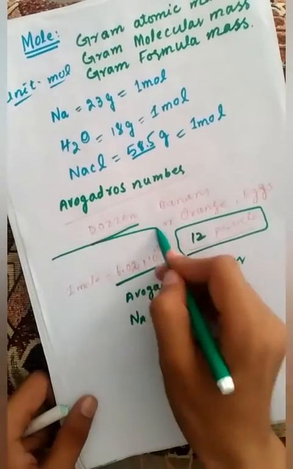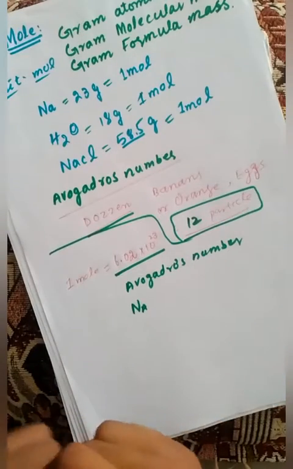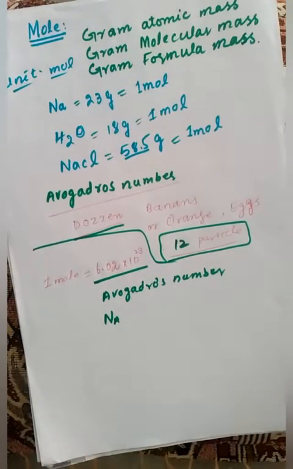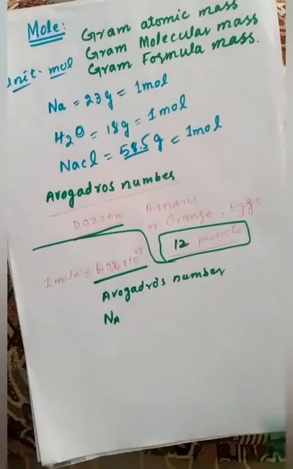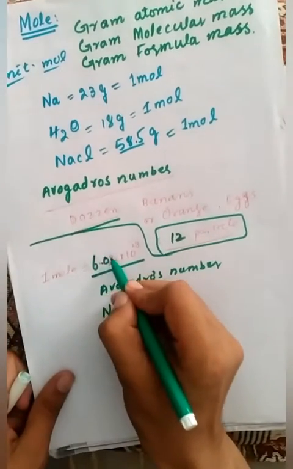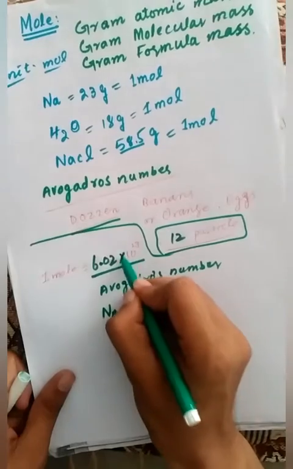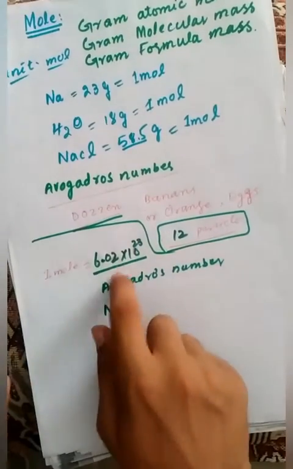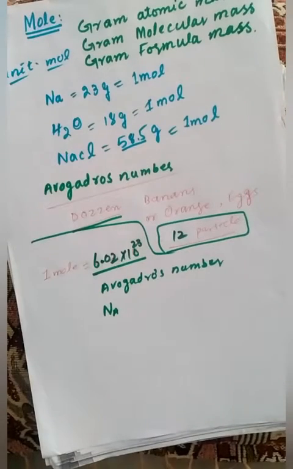Now suppose we take 1 mole, and that 1 mole will contain an equal number of particles. That number of particles is named Avogadro's number. Suppose we take 1 mole of any element, that will contain 6.02 × 10^23 particles. This quantity has been given the name Avogadro number.